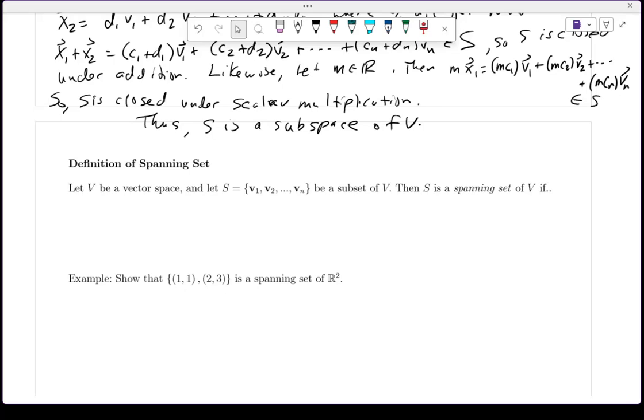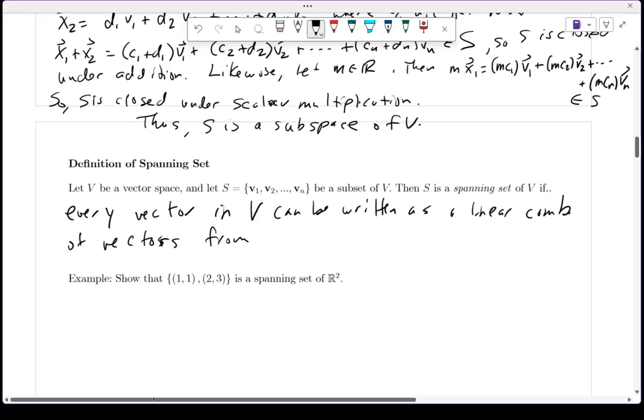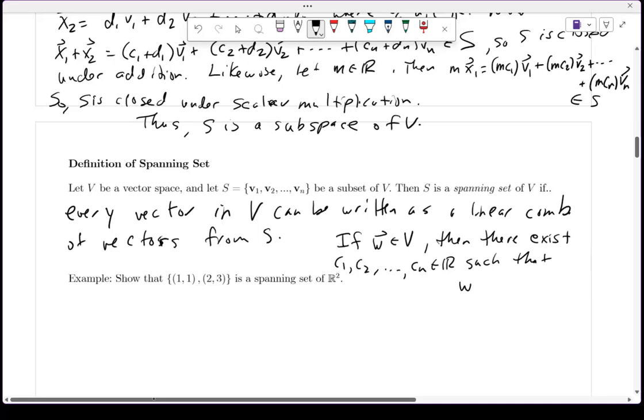So if I have a subset S of vectors in my vector space V, I say that it spans the set, or has a spanning set of V, if every vector in V can be written as a linear combination of vectors from S. Writing it in symbols, if W is in V, then there exist C1, C2 out to Cn in R such that W is equal to C1V1 plus C2V2 out to CnVn.